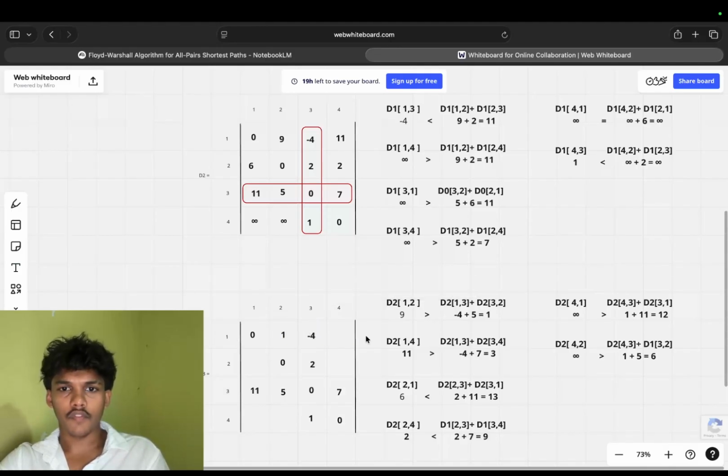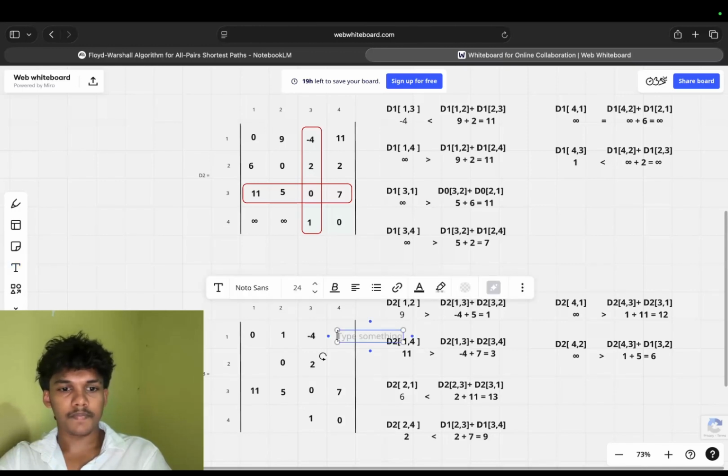Then we have to find 1 to 4. 1 to 4 is 11. Our middle element path is 1 to 3 plus 3 to 4. 1 to 3 is -4. 3 to 4 is 7. So we will get 3. So 3 is less than 11. So we will add 3 as our distance here.